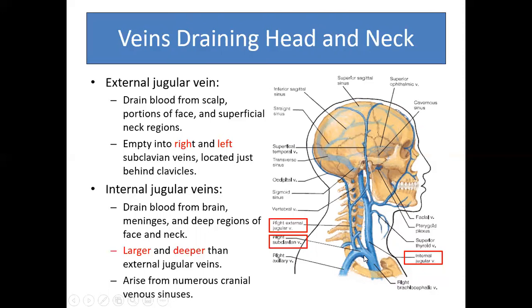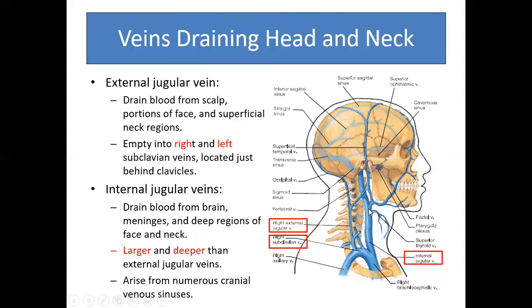The subclavian vein is located just behind the clavicle. The internal jugular vein, so you can see here the largest vein here. This is the internal jugular vein. This is the external, and this is the internal. The internal jugular vein drains blood from the brain, and also the meninges and deep portion of the face and also the neck.